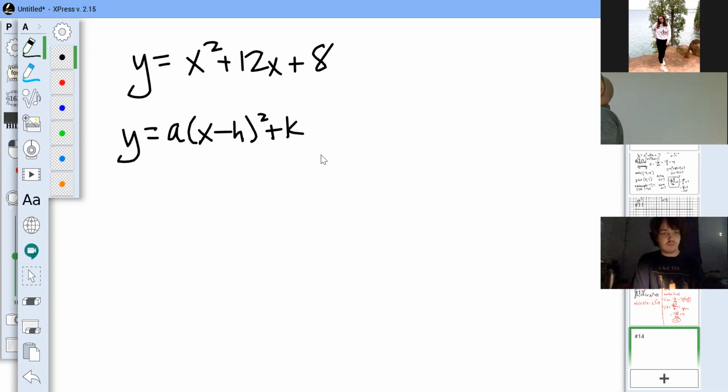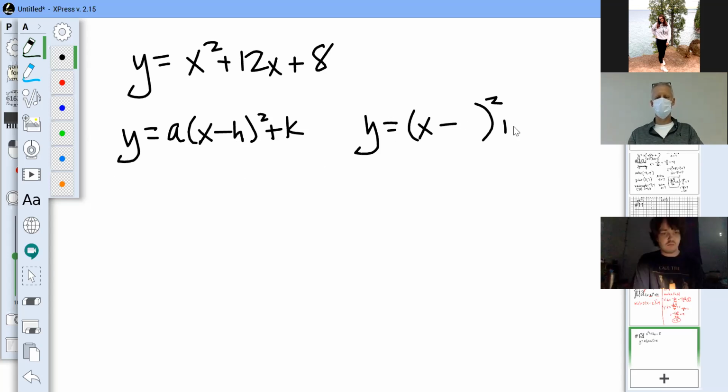So we're just changing it from standard form to vertex form. To do that, I just want to find the vertex and rewrite it. That's all I want to do. I don't want to go through a whole bunch of chaos if I don't have to. So my a value is already 1. I just got to find h and k, so we're just going to manually calculate these.